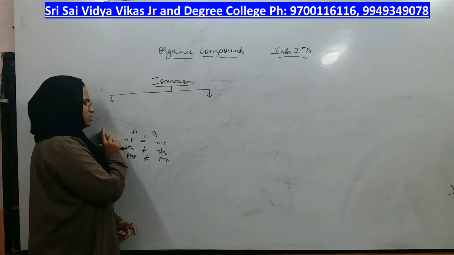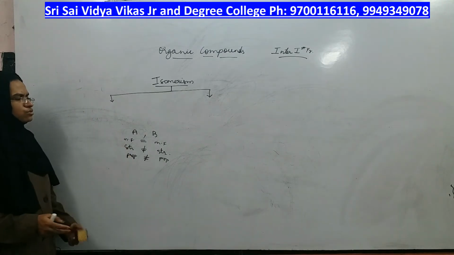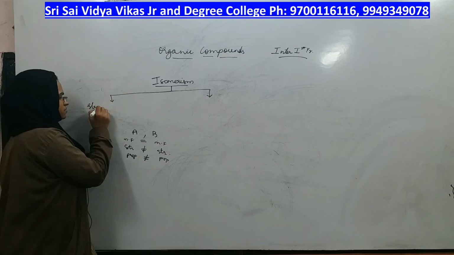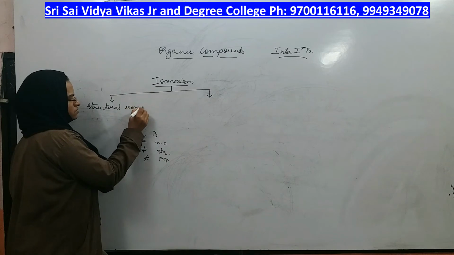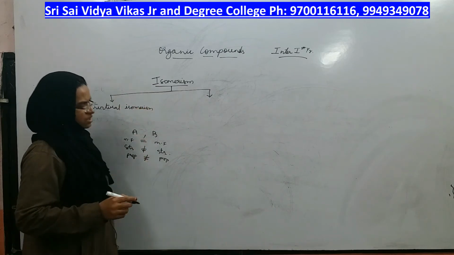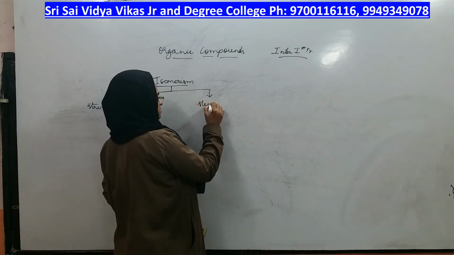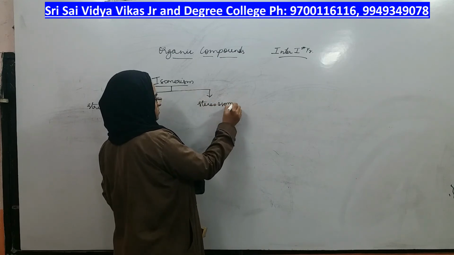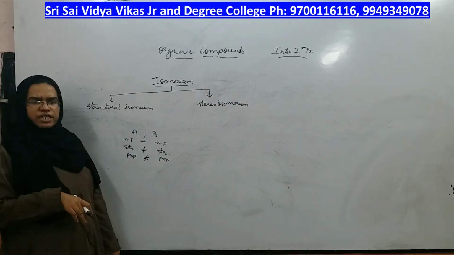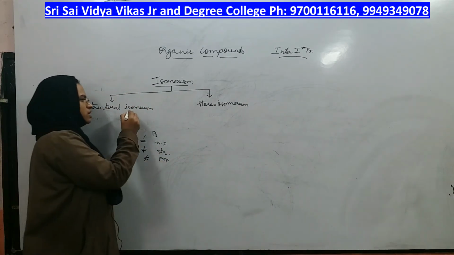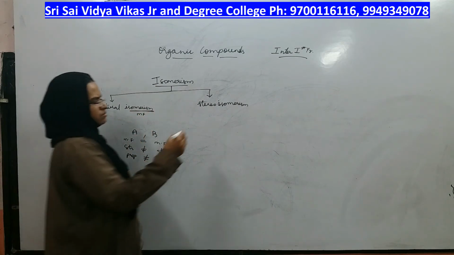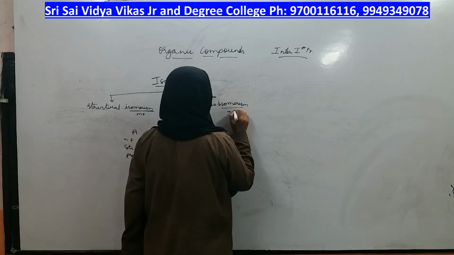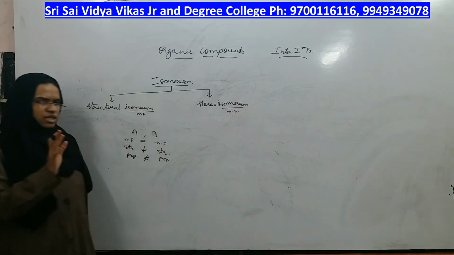That isomerism is divided into two types. First is structural isomerism and the other is stereoisomerism. Whatever the type of isomerism I write, just remember that wherever I write the name isomerism, it automatically means that the molecular formula is the same.